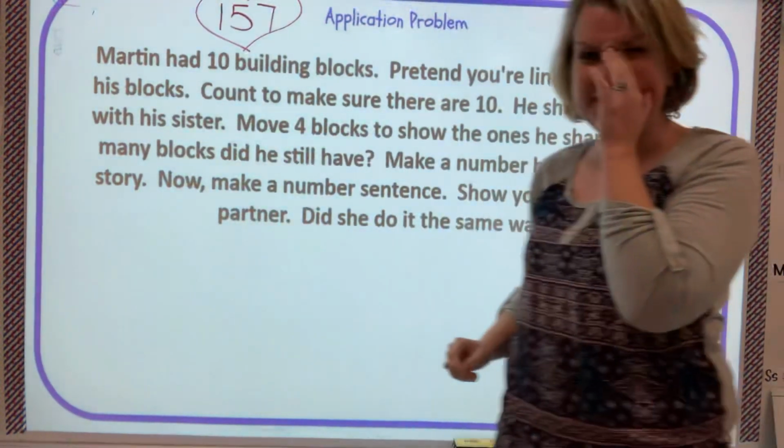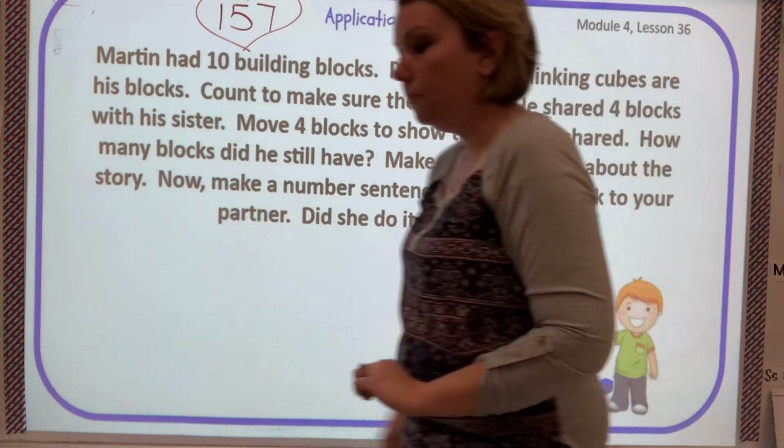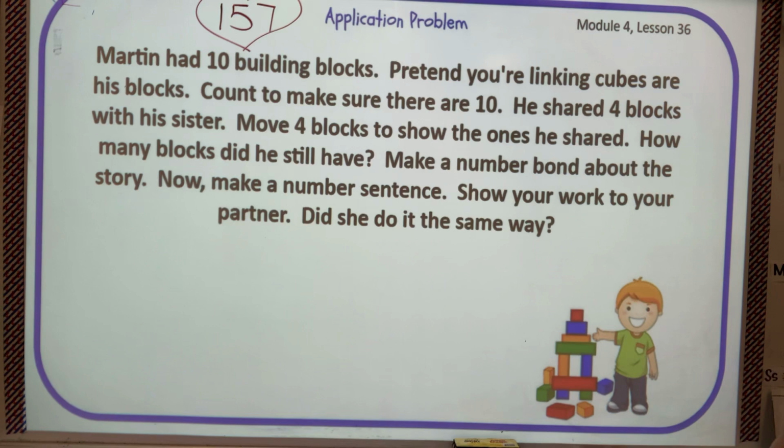Okay. Now, we're going to take a look at our story. We're going to read the whole story and then part of the story. So in this story, we're talking about a brother and sister building with blocks.